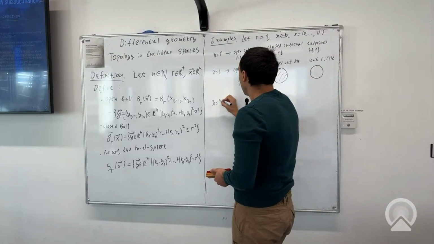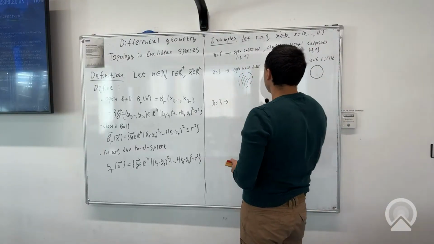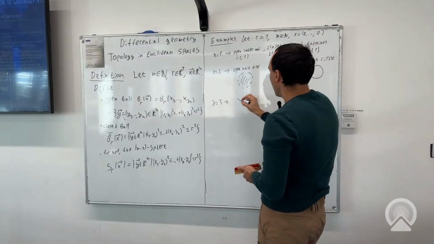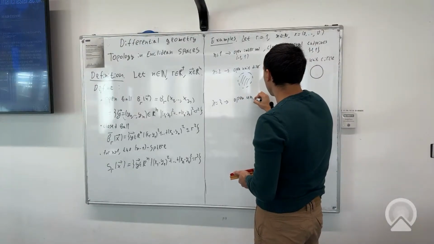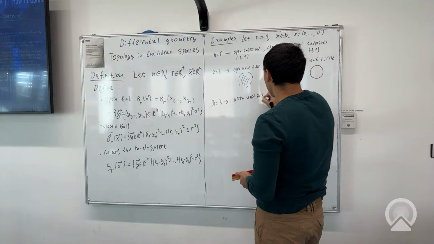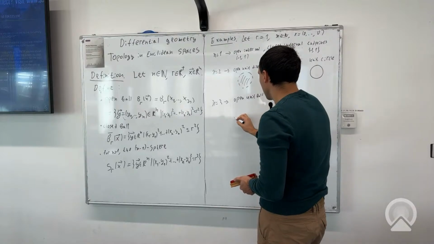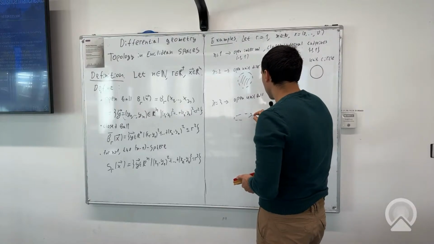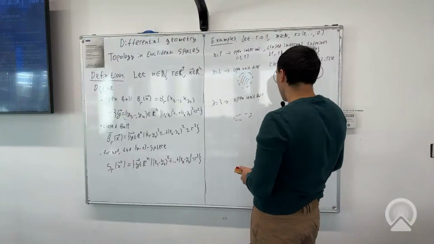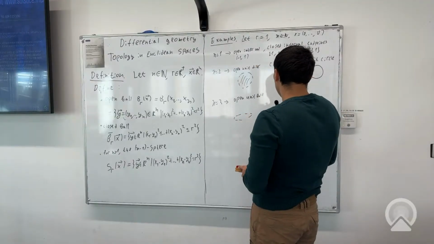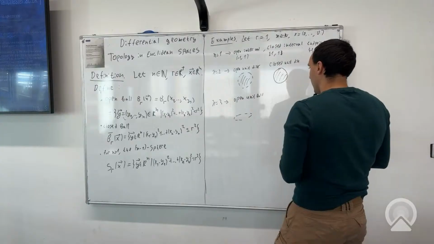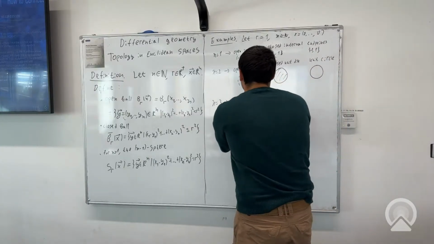And for n equals 3, we have the open unit ball. I forgot how to draw a ball. Okay.